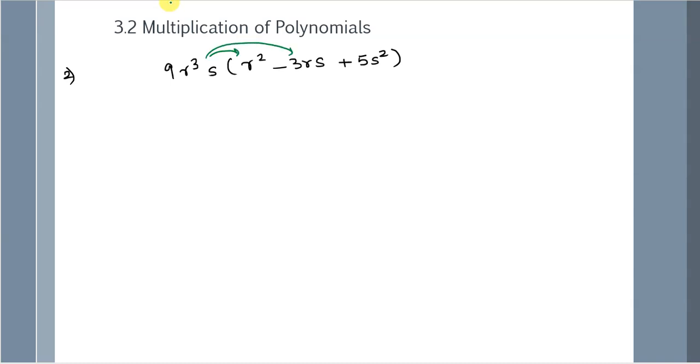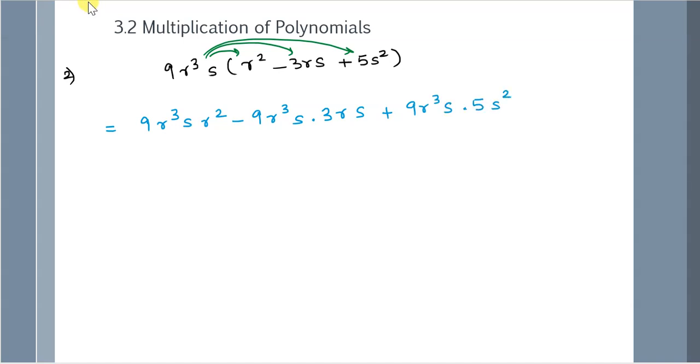First, distribute this with each of the terms. This gives you 9 r cube s times r square minus 9 r cube s times 3 r s plus 9 r cube s times 5 s square. Multiplying the numbers first.